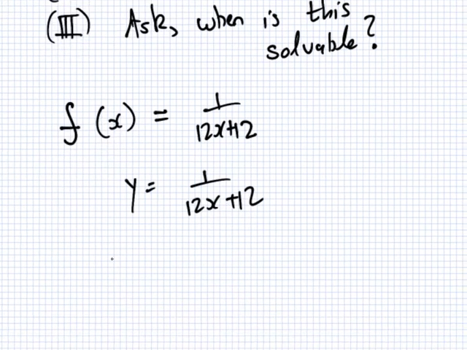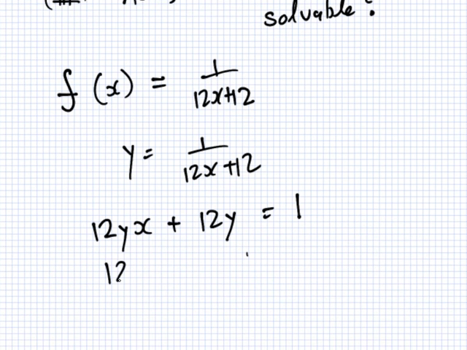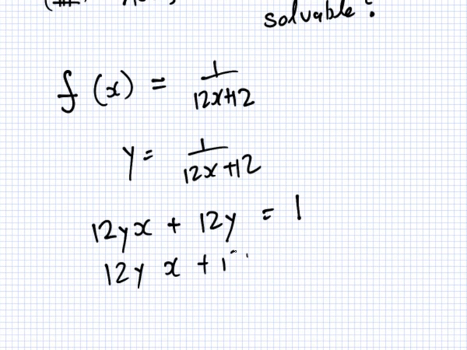Okay, then you say 12yx plus 12y equals 1. But I still need to make it equal to 0. So you have 12yx plus 12y minus 1 equals 0. So I've done the first step.